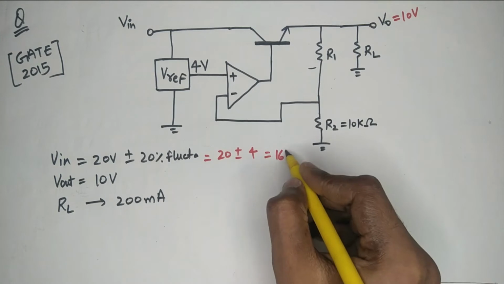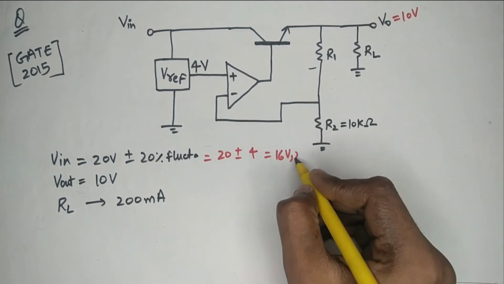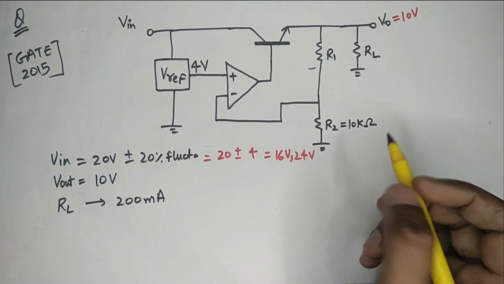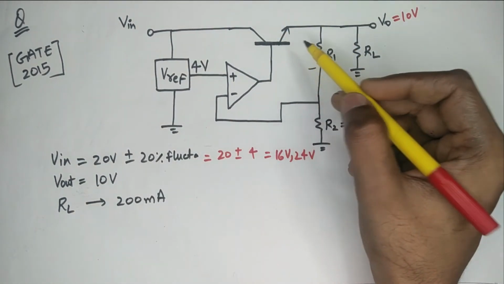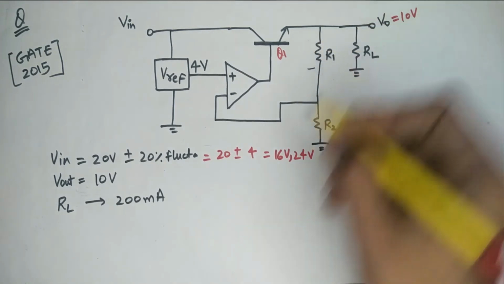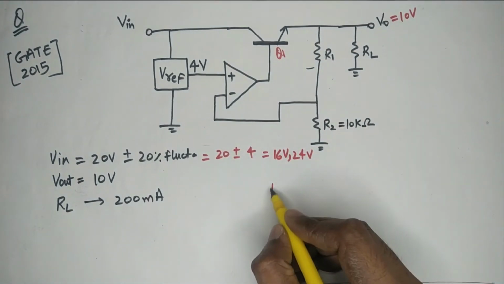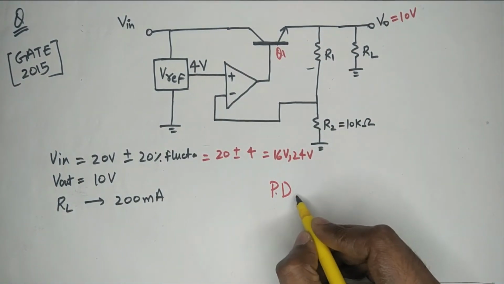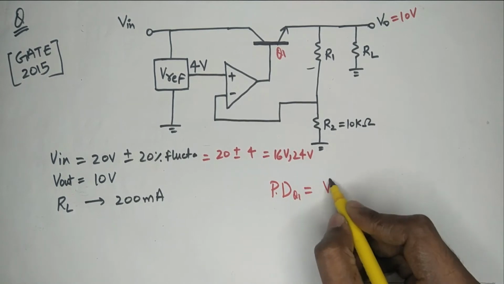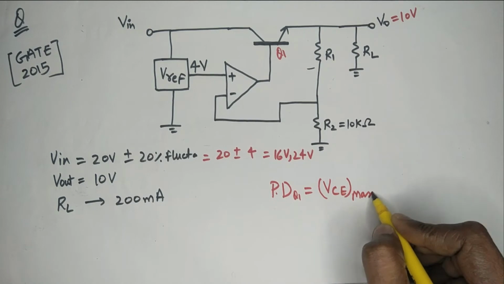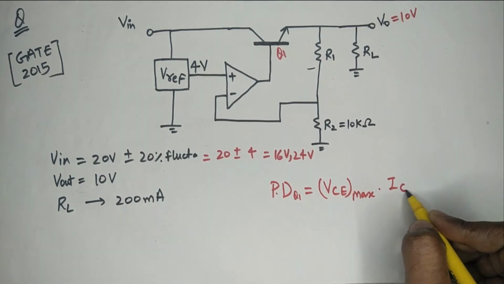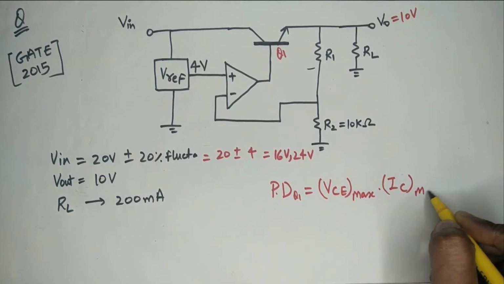One is 16 volt and another is 24 volts, and we have to find the maximum power dissipation through the transistor Q1, which is given as VCE max times IC max.